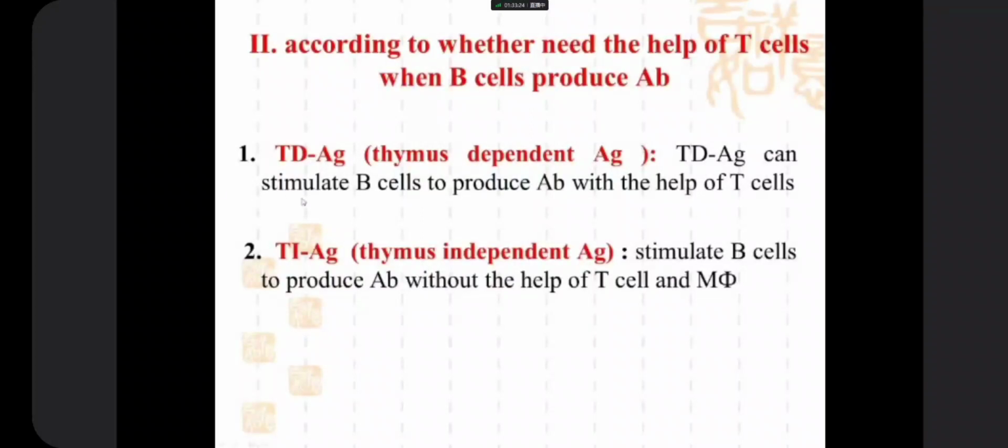TD antigen can stimulate B cells to produce antibody with the help of T cells, but TI antigen stimulates B cells to produce antibody without the help of T cells and phagocytes.